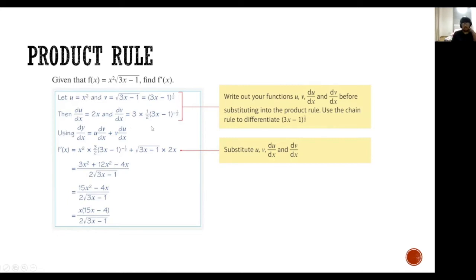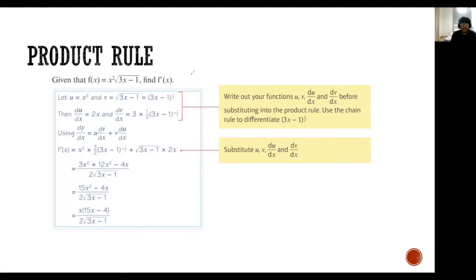Now let's try to understand what's actually happening here. You have 3x minus 1 raised to the power of half. We can't directly put half here. What we have to do first is find the differentiated value of this 3x minus 1. So what I like to do is this. One second, let me show you.